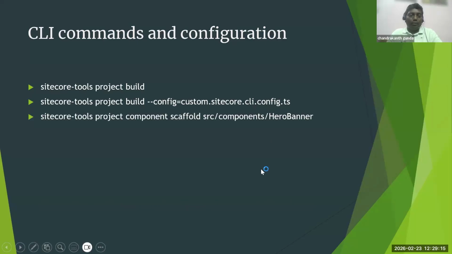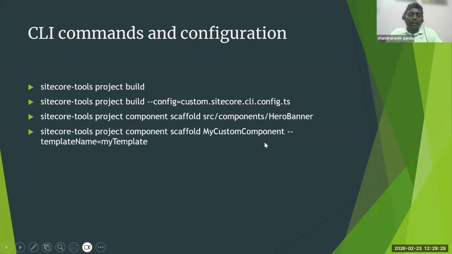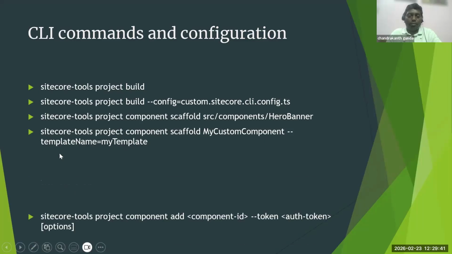Similarly, I have a command to scaffold or create a new component as well. Component scaffold is a command that creates the new component, and I have the option to scaffold a new component based on my template. We'll see how this works in a bit more detail.